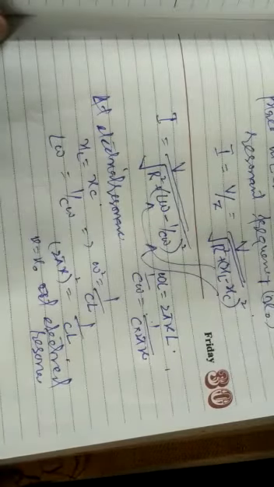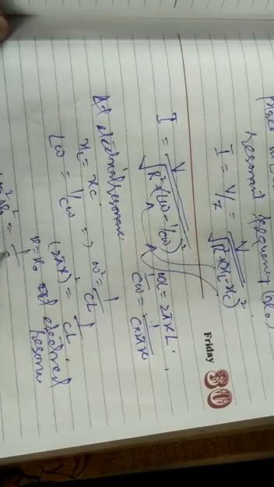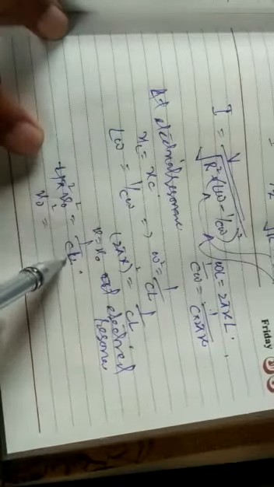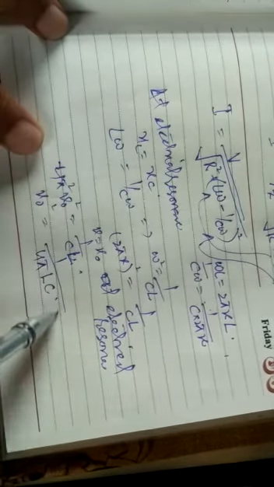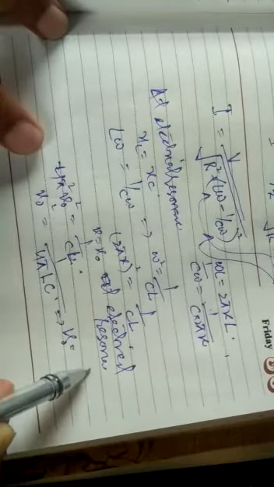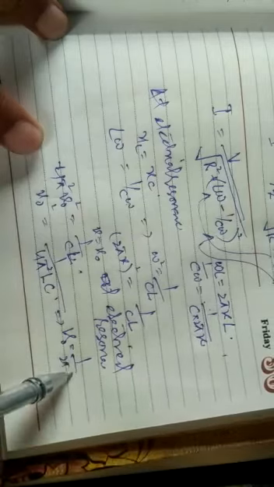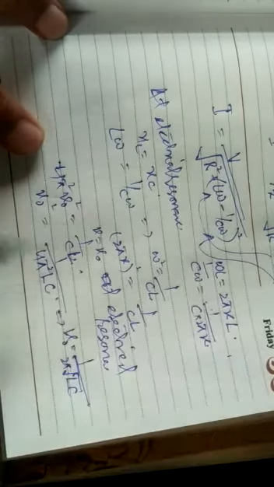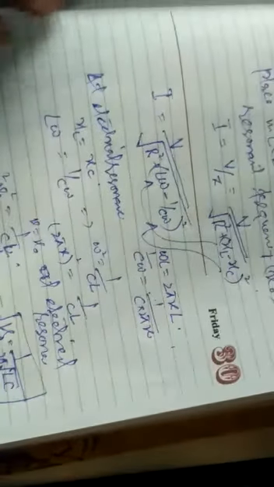So it will be 4 pi square nu naught square equals 1 over C into L, or nu naught square equals 1 over 4 pi square L into C, which implies simply nu naught is equal to 1 over 2 pi under root L into C. This is the expression for the resonant frequency.